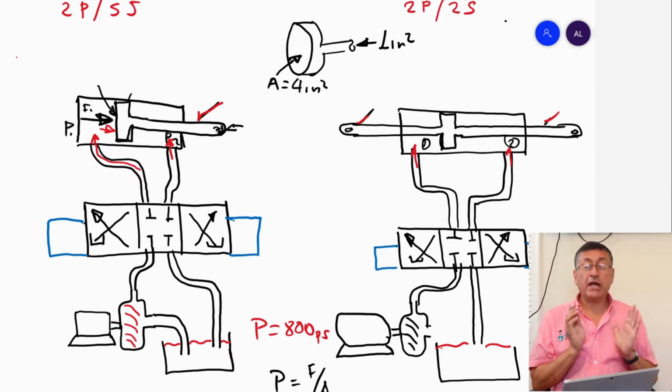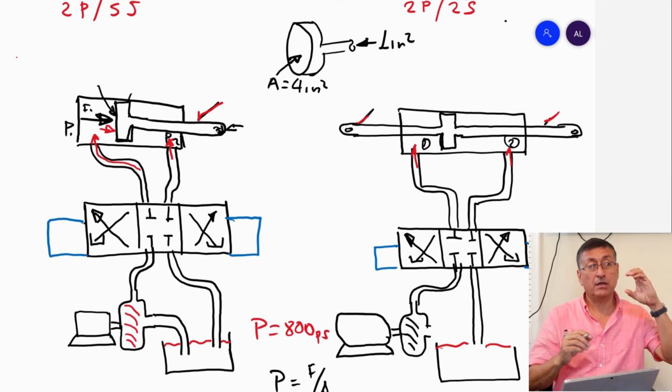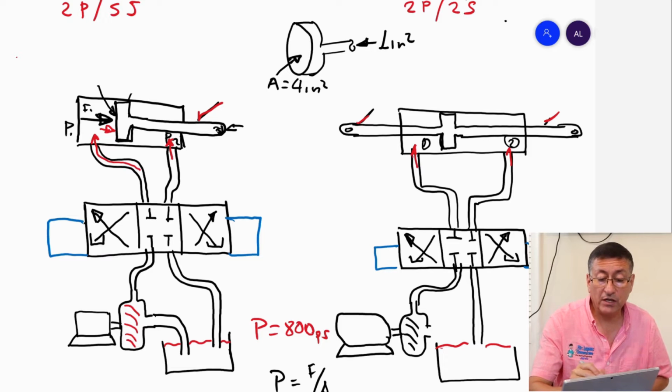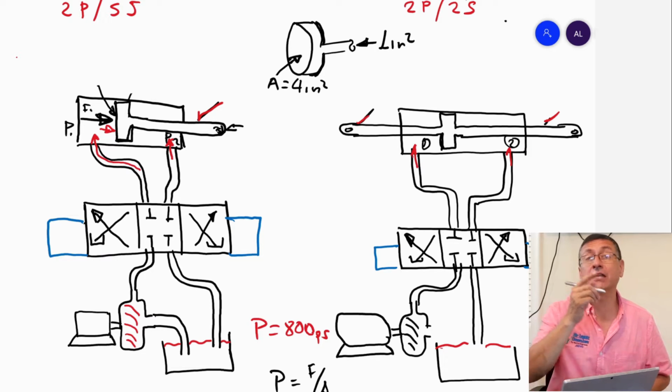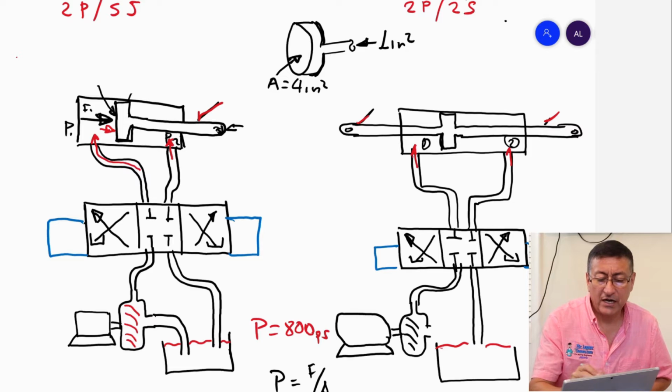The big area of the piston, this one, is 4. How much is the area in this portion? Yes, it's 4 minus the area of the rod. The area in this portion is 3 square inches.